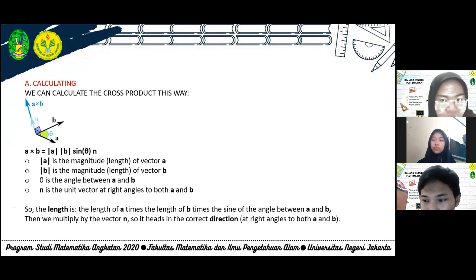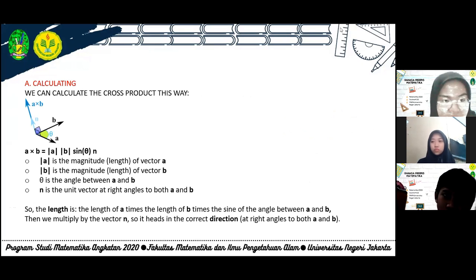Calculating. We can calculate the cross product this way. Here is the picture. A multiplied by B equals the magnitude of vector A multiplied by the magnitude of vector B multiplied by sin theta multiplied by n.